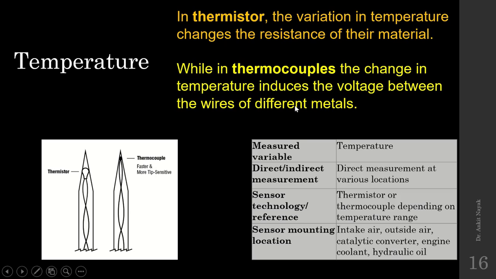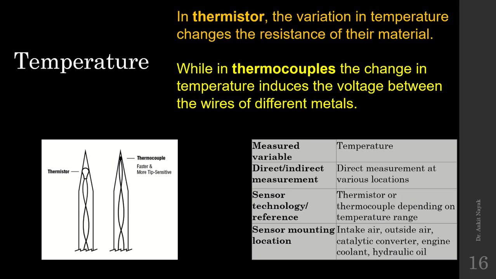As you know, and you might have heard several times, the thermocouple uses different wires, and it is related to the Seebeck effect. So wires of two different materials we can use to form a thermocouple, and then changes in the temperature at this junction point will induce some voltage.